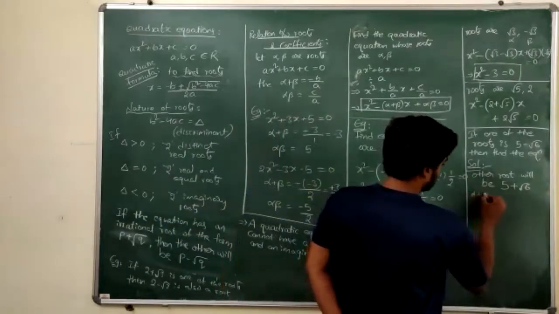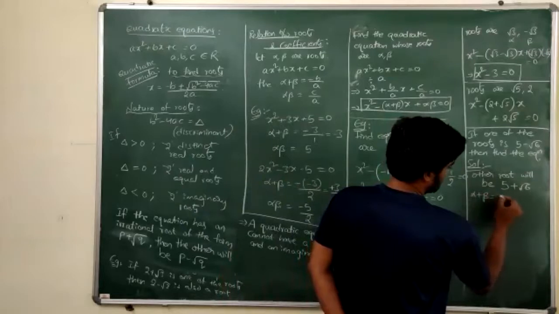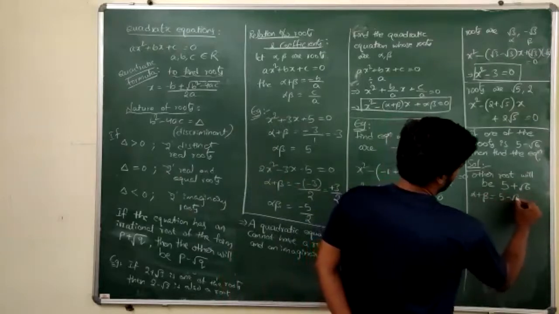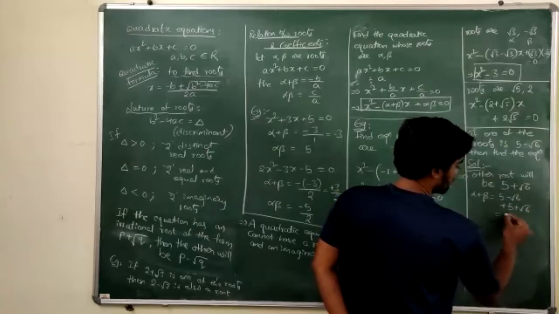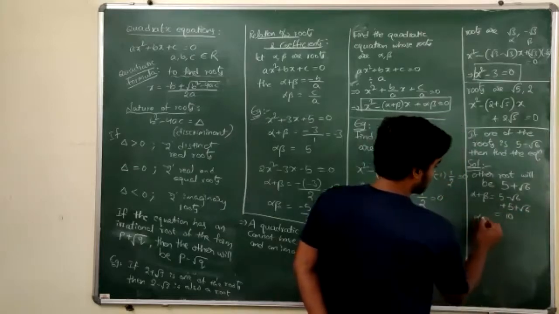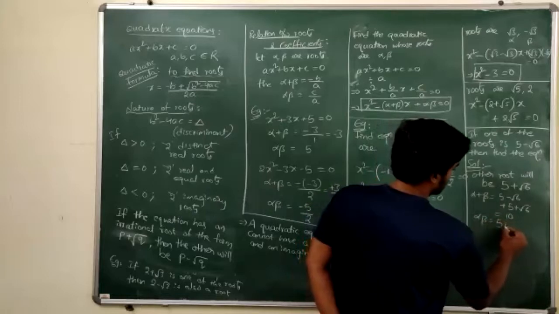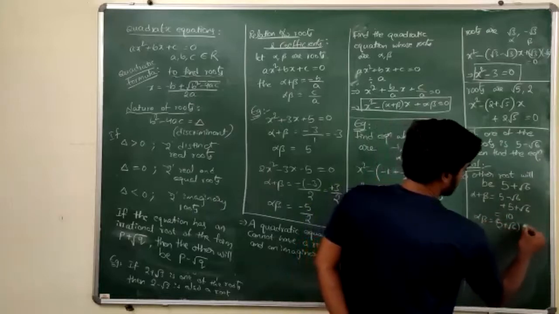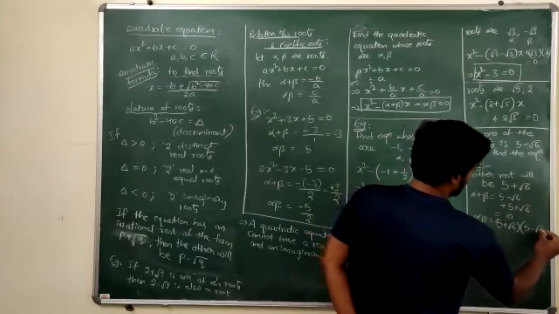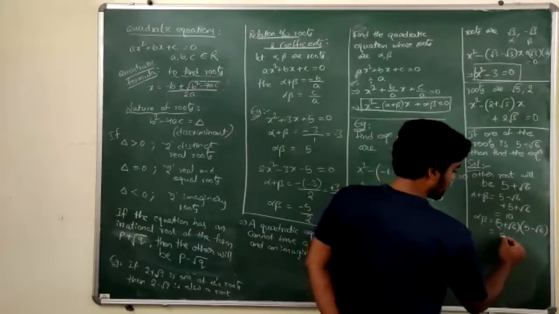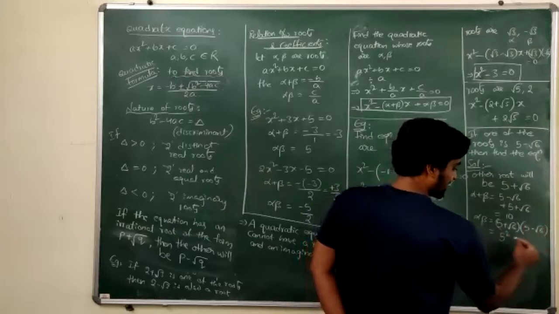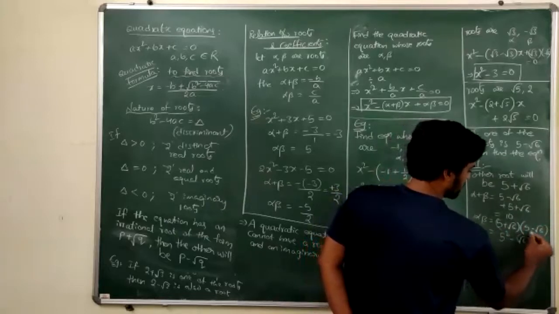Now alpha plus beta is equal to 5 minus root 6 plus 5 plus root 6, which is equal to 10. Alpha into beta is equal to 5 plus root 6 into 5 minus root 6, which is 5 square, a plus b into a minus b is a square minus b square.